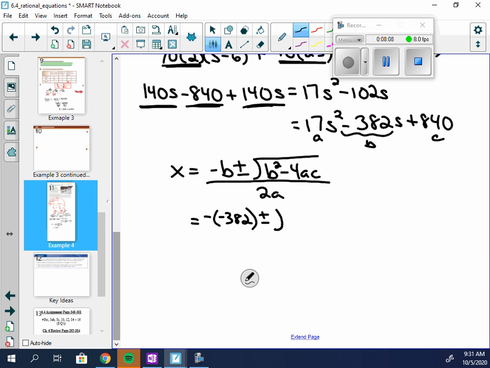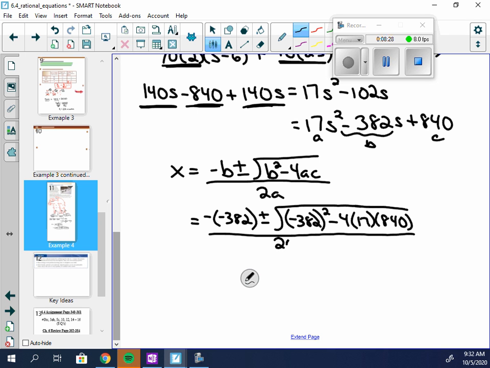Plus or minus the square root. Don't forget, when you put this b squared in here, you need to put the negative in brackets, or else you'll come up with a negative answer for that piece, and you need it to be positive. So minus 4 times a times c. And then on the bottom, it's over 2 times a.